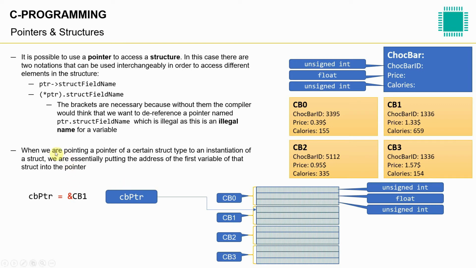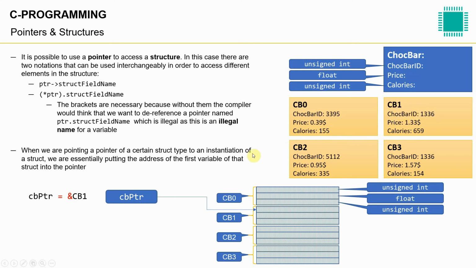When we're pointing a pointer to a certain struct, by default, the pointer is pointing to the head of the struct, that is the first memory address of the first element of the struct. So it would point to the location of chalkbarID for CB1. It would point us to this exact location that you can see here.